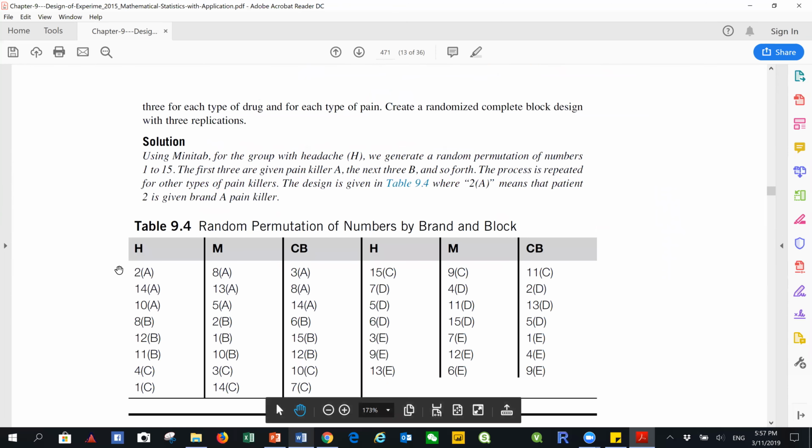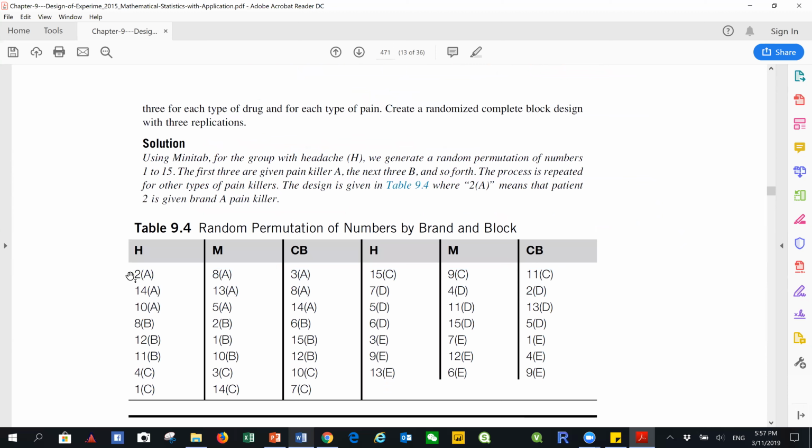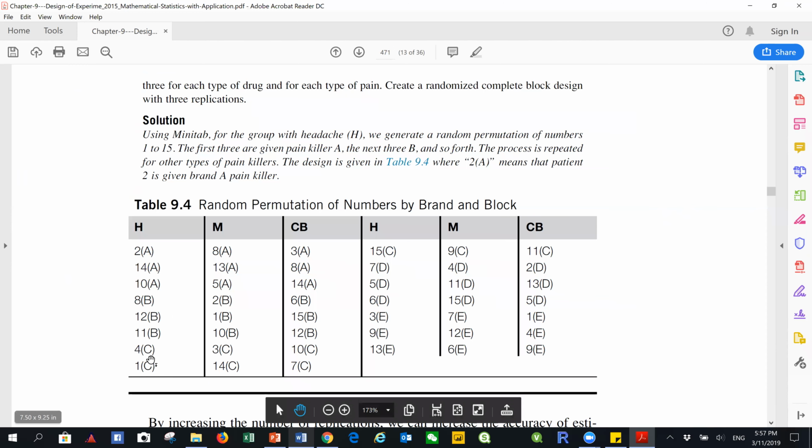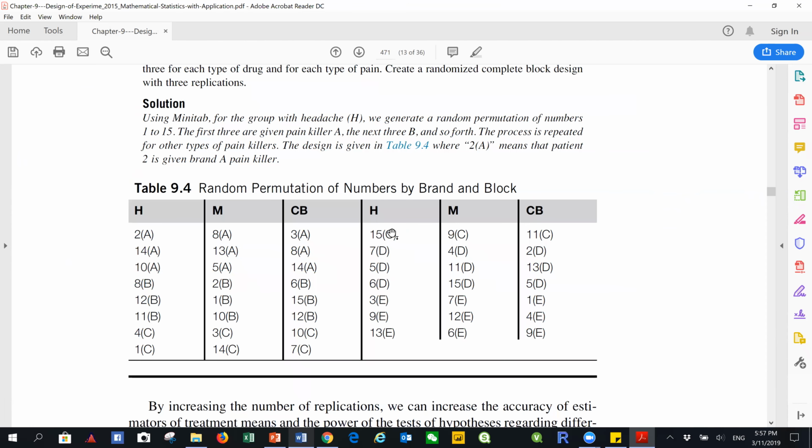You first randomly pick 3 numbers from the first 15 experimental units in a block, and assign them to dose level A. Then choose another 3 for dose B, and another 3 for C, and so on.